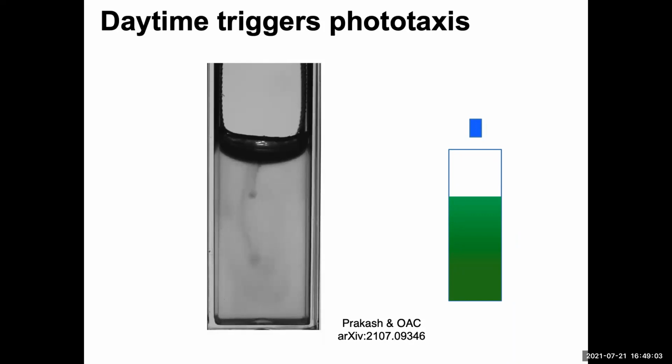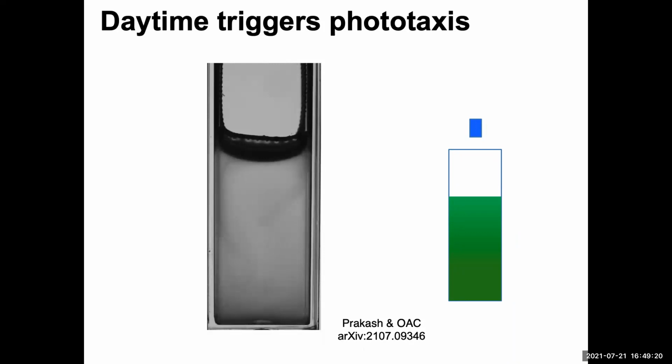And then the cells have accumulated to the surface, and they form these plume instabilities. And then at some point, you're going to see the light switching off and everything just kind of sinking down.